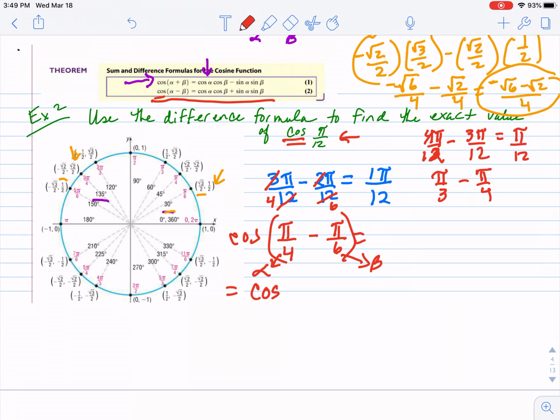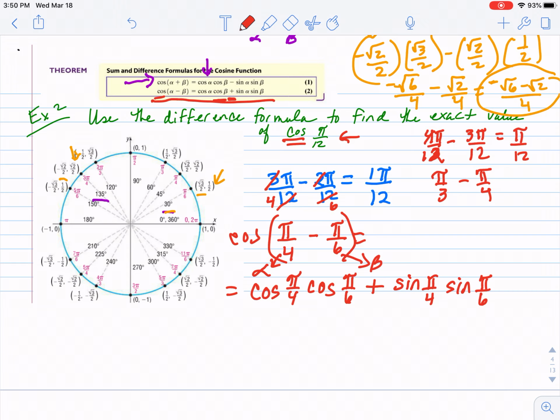It has to be pi over 4 minus pi over 6. So it's the cosine of alpha, which is pi over 4, times the cosine of beta, which is pi over 6, plus, because it's a plus right there, the sine of alpha, which is pi over 4, times the sine of beta, which is pi over 6.